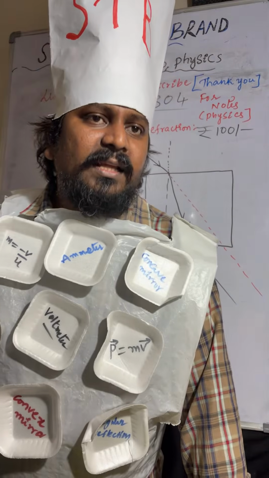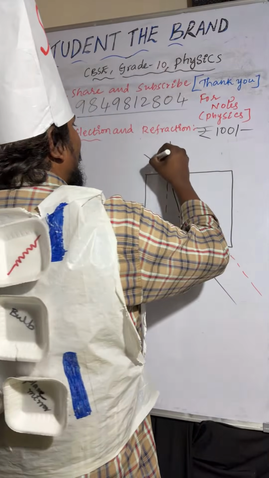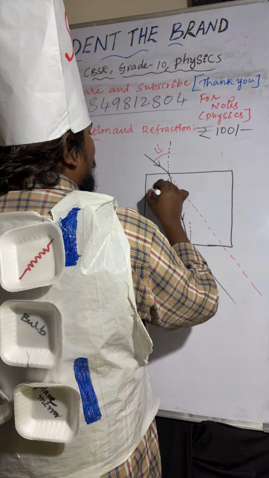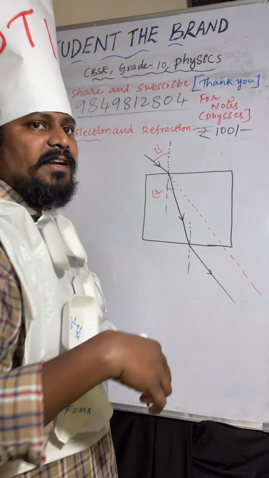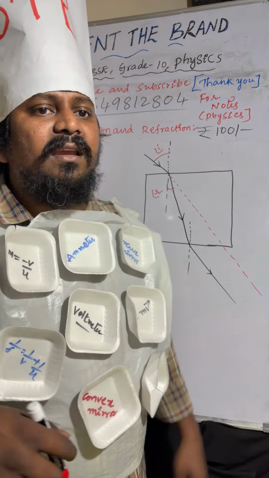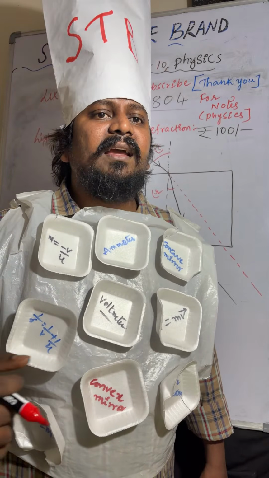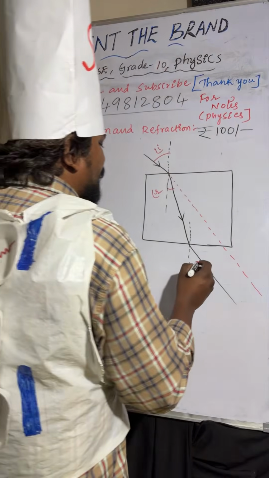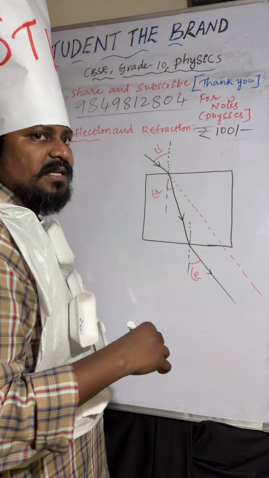The angle between the refracted ray and the normal line is called the angle of refraction. The angle between the emergent ray and the normal line is called the angle of emergence.